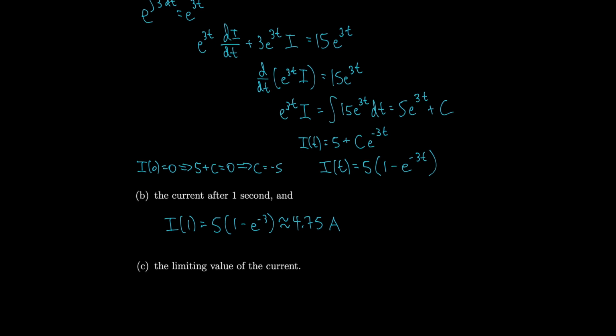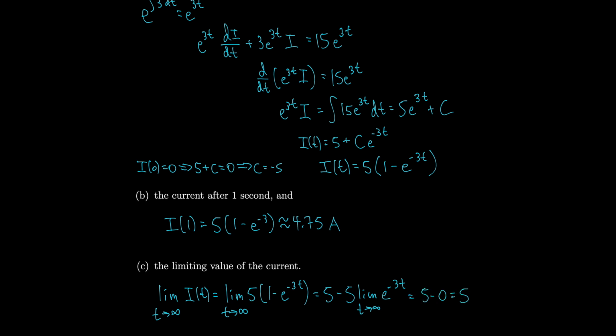And the limiting value is the same as we got last time. We just take the limit as t goes to infinity of I of t, and it's equal to the limit of 5 times 1 minus e to the minus 3t, which is 5 minus 5 times the limit of e to the minus 3t, which is 5 minus 0, which is 5.